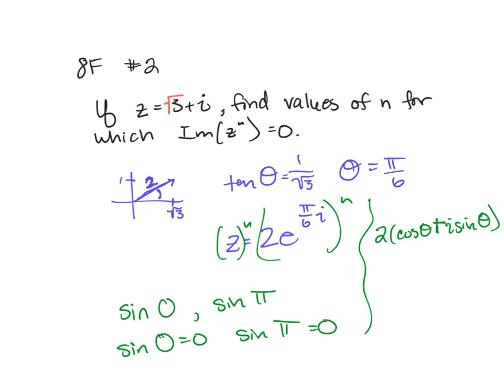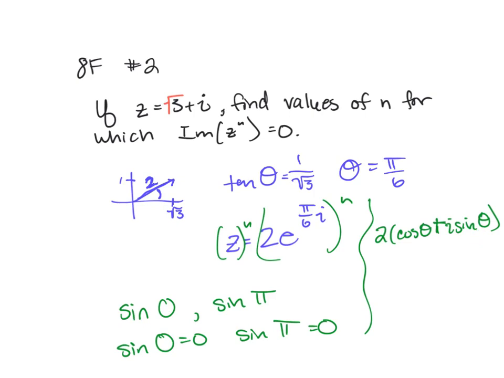And this 2 is going to get huge, right? It's just going to become a bigger and bigger number as you're raising it to bigger and bigger powers. But what you want is to be affecting the theta and the sine and the cosine. And if we want the imaginary part of this to be equal to 0, then I need sine of theta to be equal to 0.